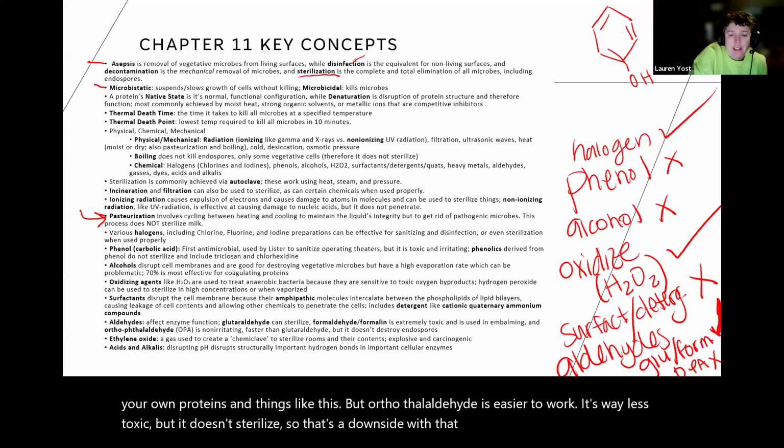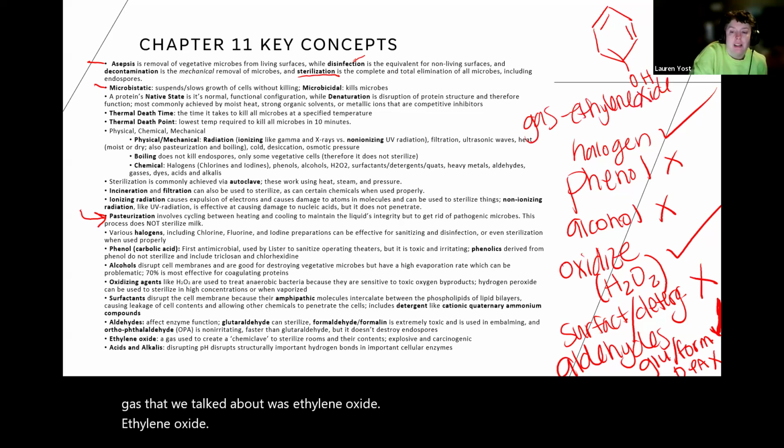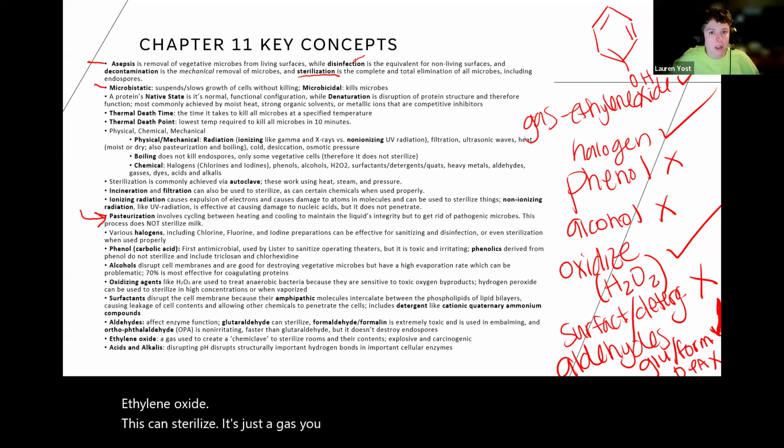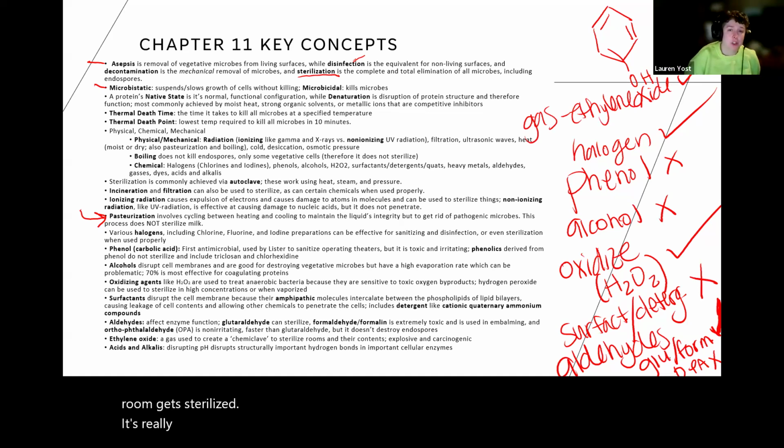All right, our gases, the major gas that we talked about was ethylene oxide. Ethylene oxide. This can sterilize. It's just a gas. You can fill a room with this gas, and then everything in that room gets sterilized. It's really effective. It's also explosive and carcinogenic. So we only use these in very limited situations.